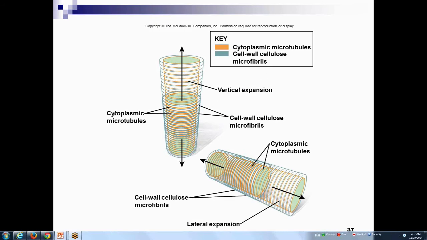polysaccharide. So, for example, here in this particular arrangement, the cytoplasmic microtubules, so the cell's microtubules, are arranged in rings, and so the cell wall cellulose microfibrils are also arranged in rings. And so when they are loosened by the action of expansins, the whole cell grows lengthwise. It's kind of like, guys, imagine this.